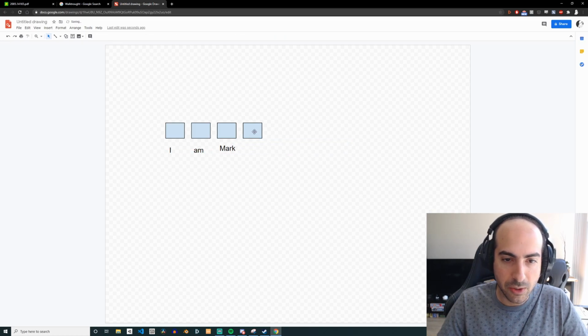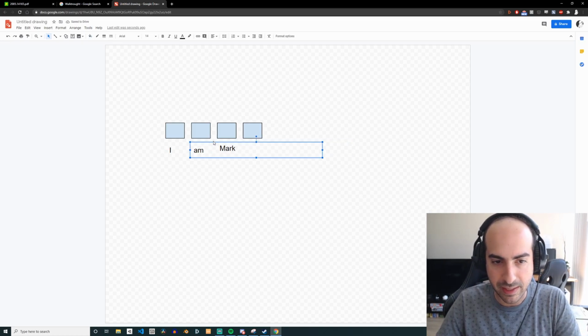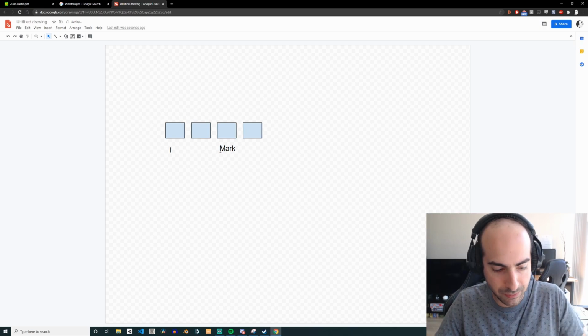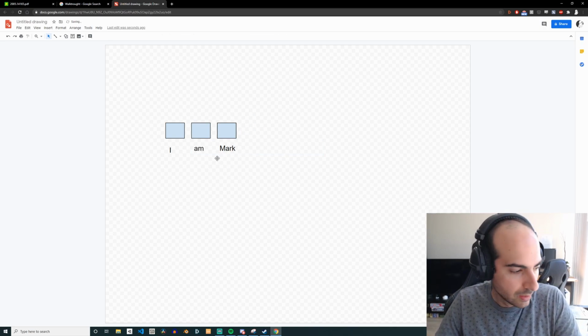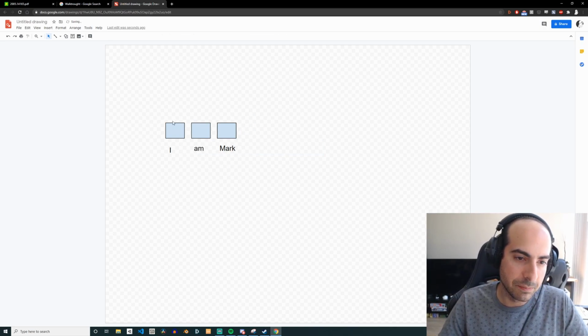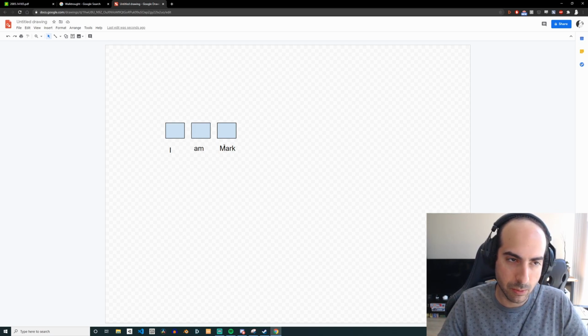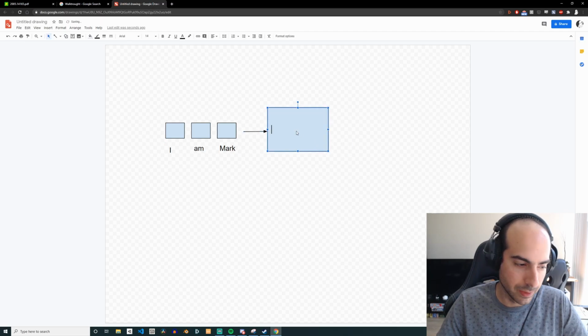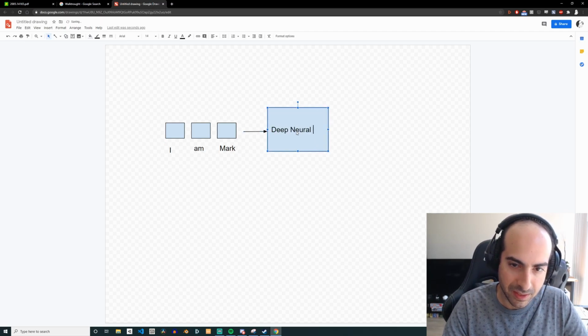So let's say we have this sentence, right? And then we want to translate it. Each of these is a token, so each one of these is a word. We want to translate this, so basically you want to feed this to some sort of black box, some deep neural network.